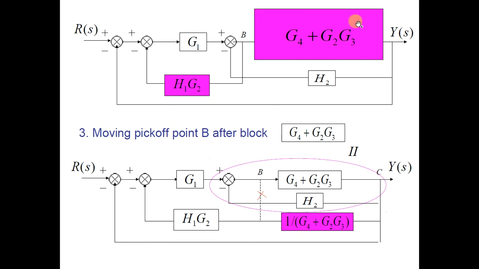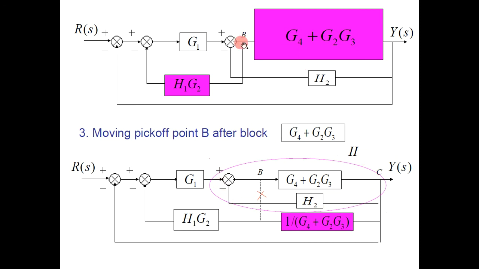Next, what is the next possible step? If we move this branch point B to the right of G4 plus G2 G3, then we can combine this negative feedback. What is the negative feedback loop here? G4 plus G2 G3 and H2. So this is a negative feedback loop.